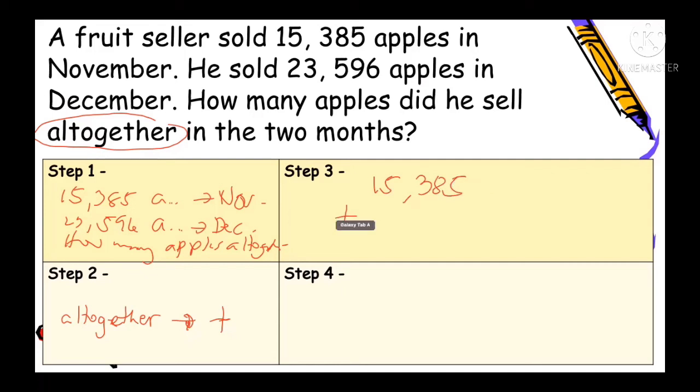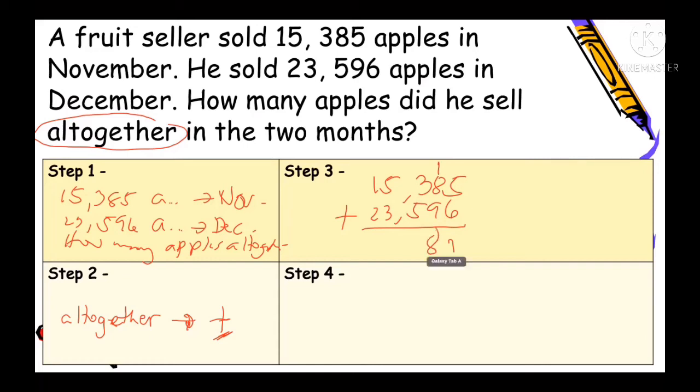It's because we will do plus, right? 23,596. Now let's add them. 5 plus 6, 11. Very good. 1 here, 1 on the top of 8. Am I right? Yes, thank you. 1 plus 8, 9. Good. Plus 9. Yes, it's 18.